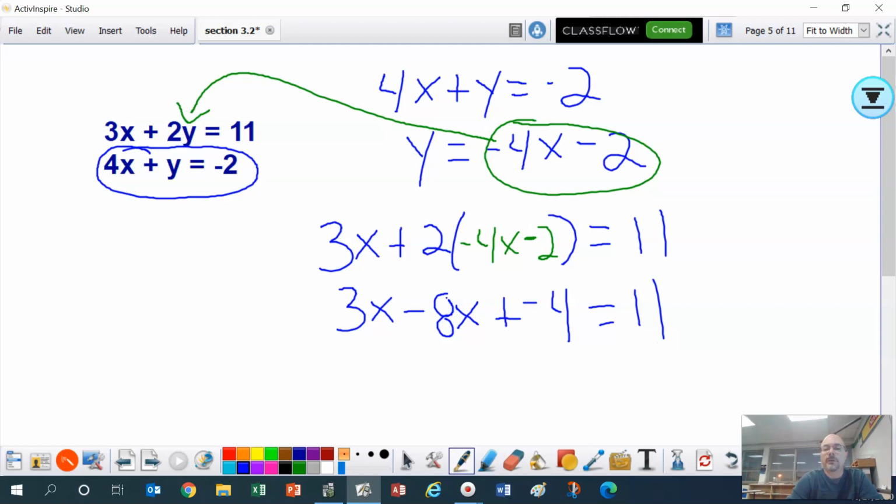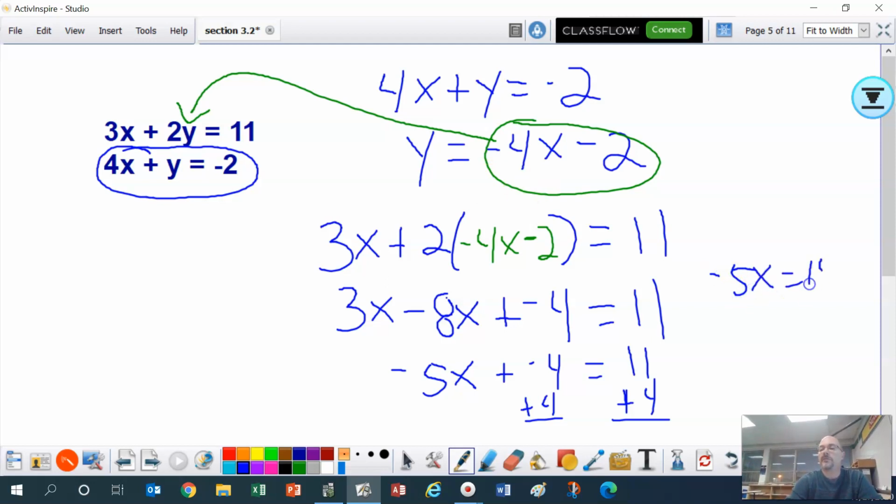All right, let's see. I'm going to add 4. And I get negative 5x equals 15. So it looks like, ladies and gentlemen, x equals negative 3. There's part of my answer.